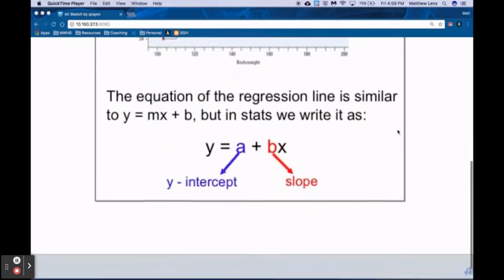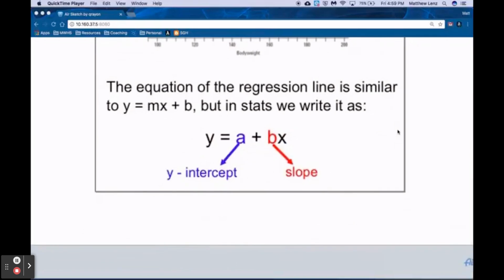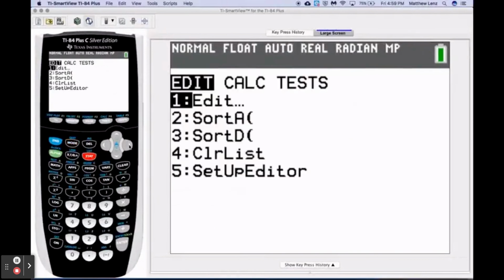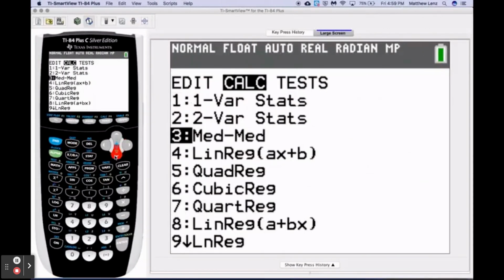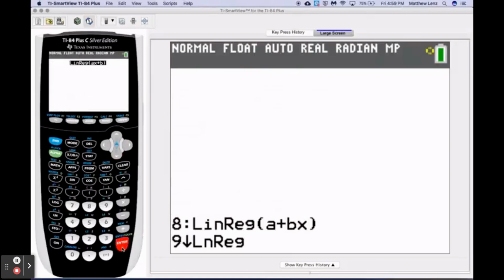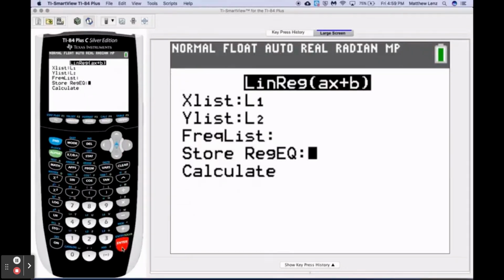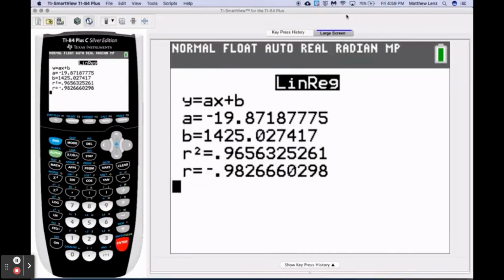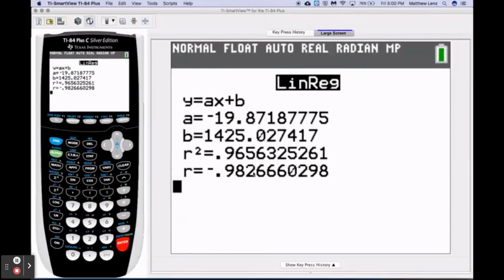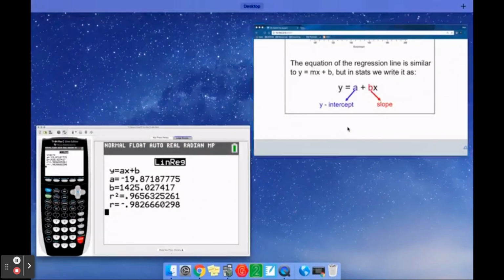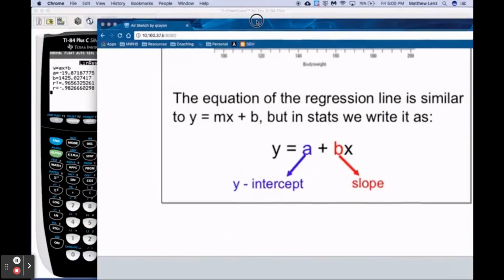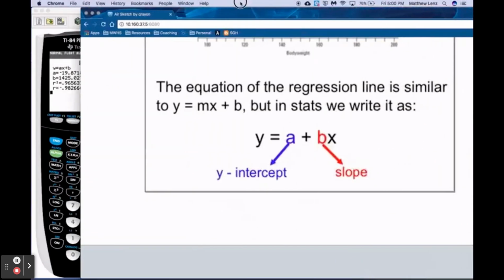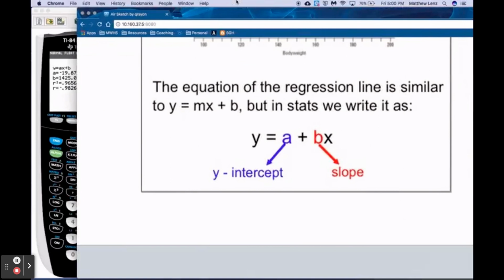What we're going to do is take the equation that we got from our calculator. Let's go back to that. Go back to your stat menu and let's just recalculate it here for a second. Remember, this is the number that we got earlier. Your calculator has an a plus bx form. It doesn't matter, you should get the same answer either way, but you need to know the difference between your y-intercept and your slope.